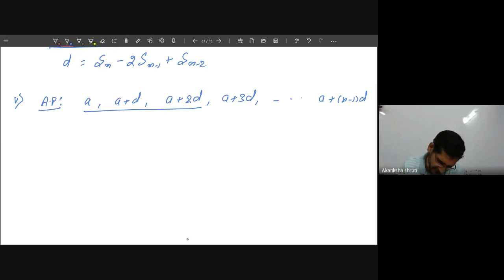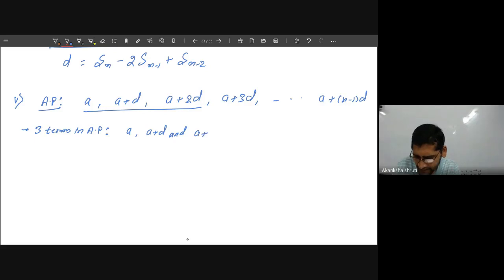But if it is asked for three terms in AP, how shall we take them? We are free to take the first term A, the next term A plus D, and the third term A plus 2D. Why? Observe, the difference between A and A plus D is D only. Again here the difference is D only, meaning adding D to A plus D, we get A plus 2D.